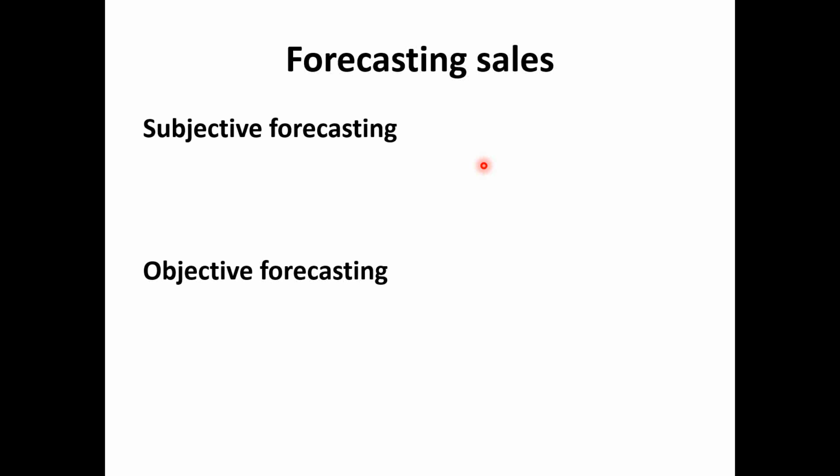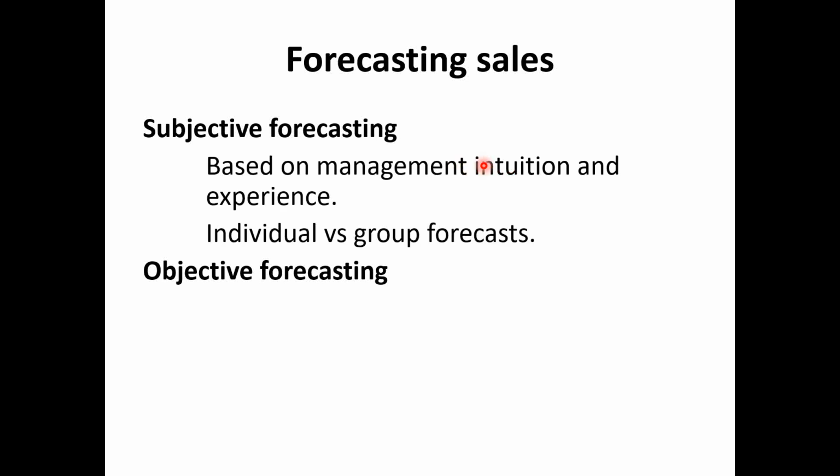However, when we are forecasting sales, there are two broad categories, namely subjective forecasting and objective forecasting. Subjective forecasting is based on management intuition and experience. Here we have two types, namely individual forecasts and group forecasts.